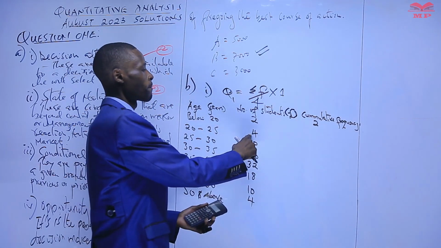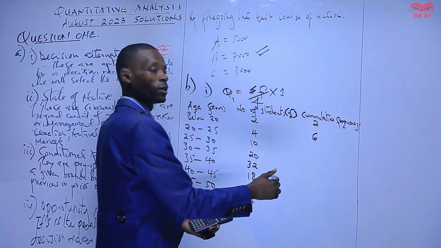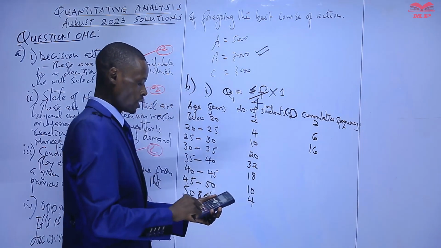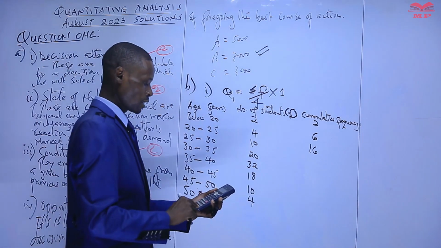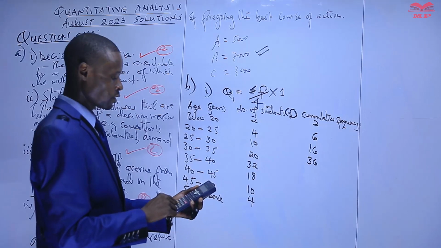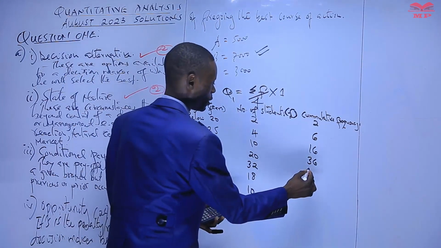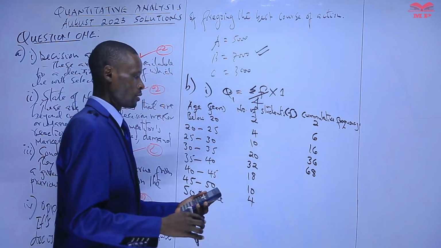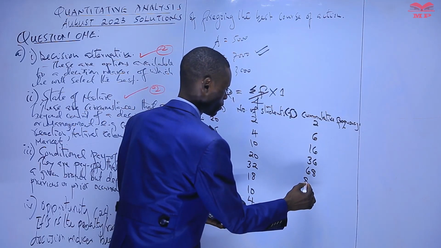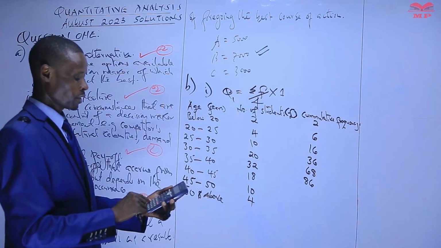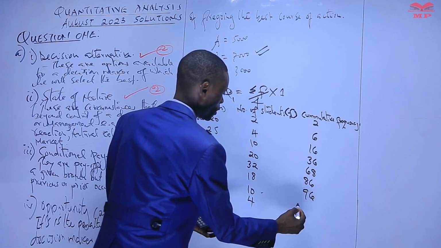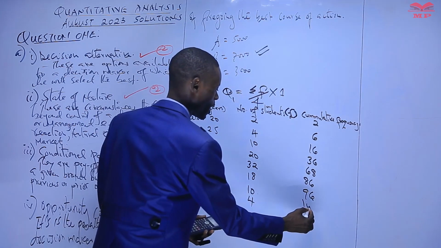So 2 plus 4 giving us 6. 6 plus 10, 16. 16 plus 20, that is 36. 36 plus 32, 68. 68 plus 18, that is 86. 86 plus 10, that is 96. Then 96 plus 4 giving us 100.